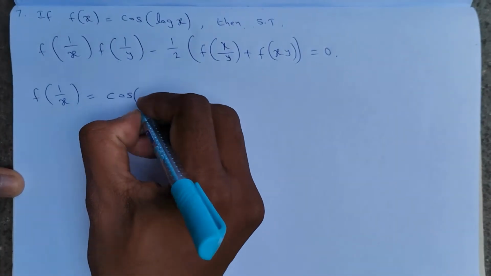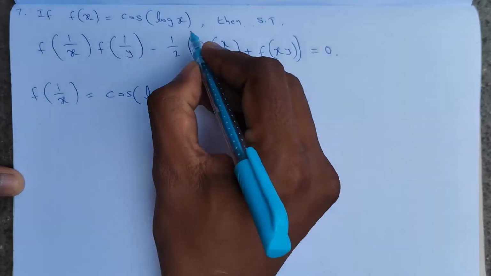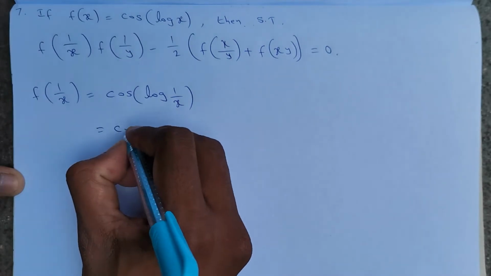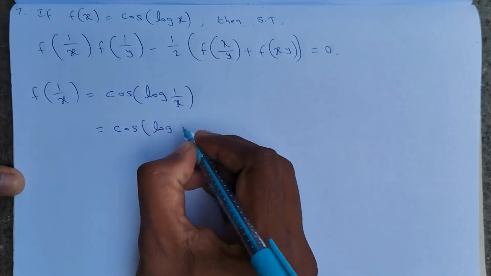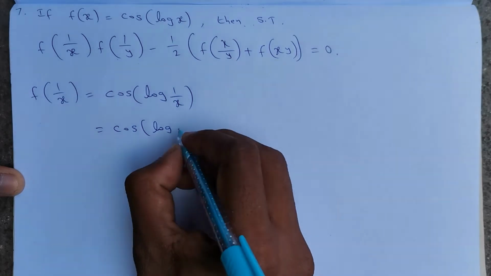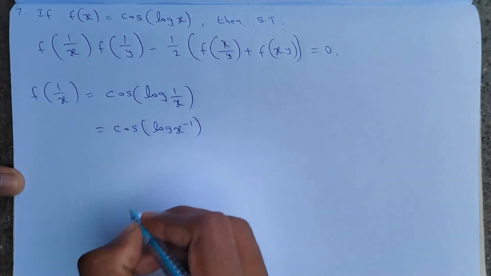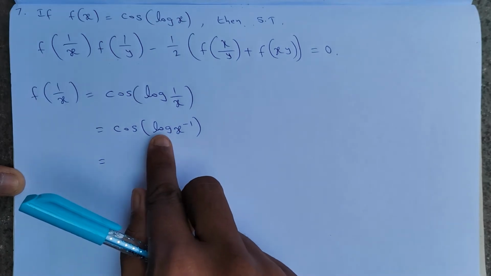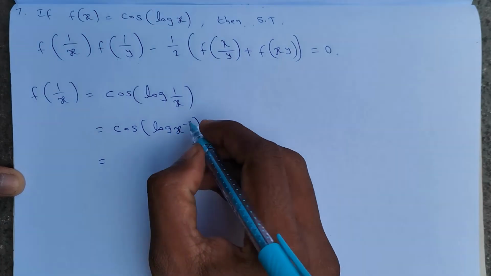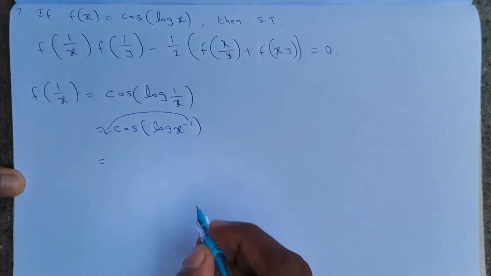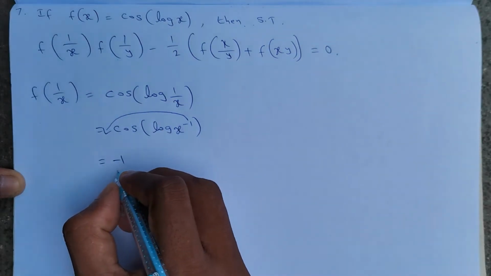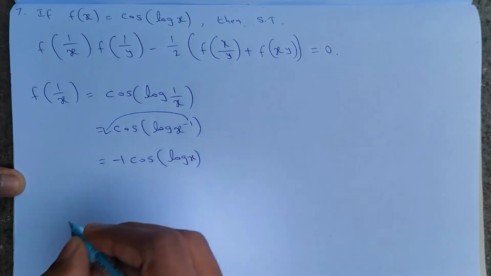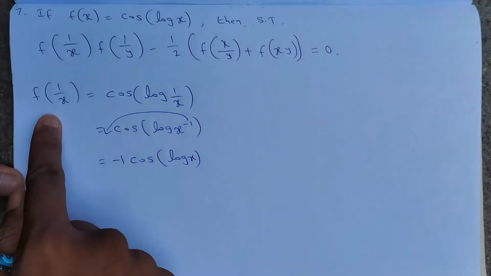So cos of log 1 by x, and 1 by x can be written as x power minus 1. Now this is in the form of log a power m, so this power will come to the front, that is minus 1 into cos of log x. This is the f of 1 by x value.